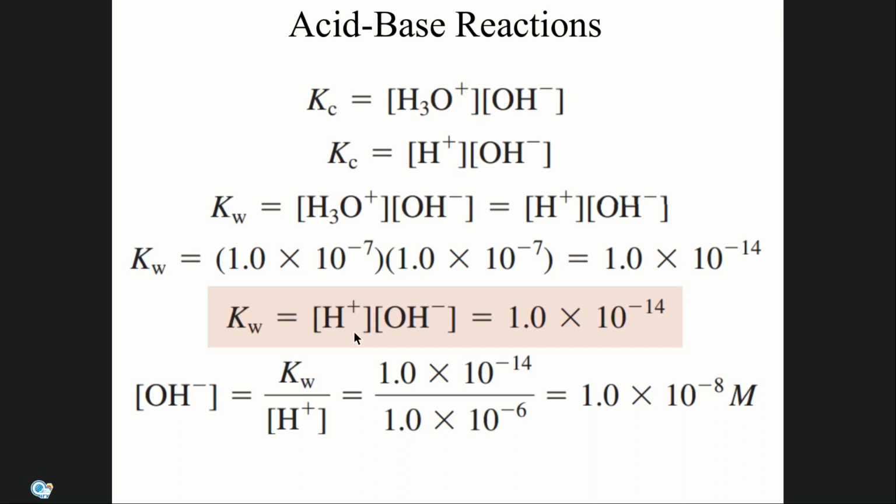In practice, we can change the concentration of H plus or OH minus in solution, but we cannot vary both of them independently.